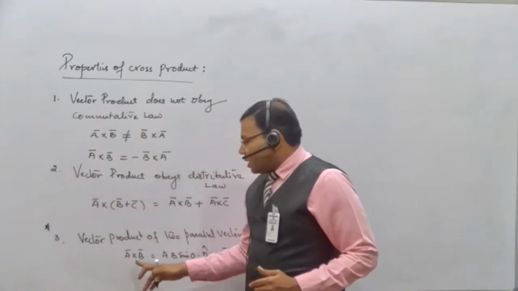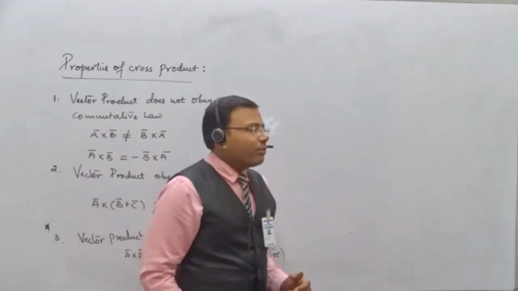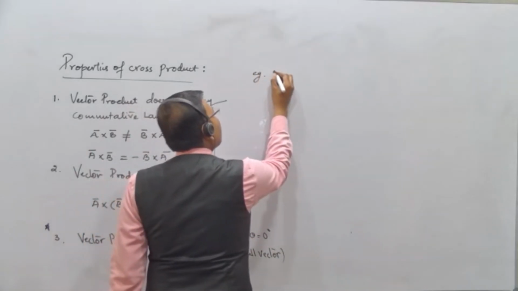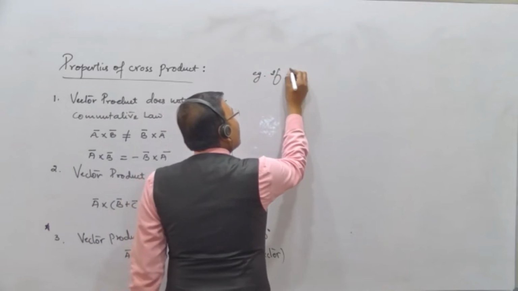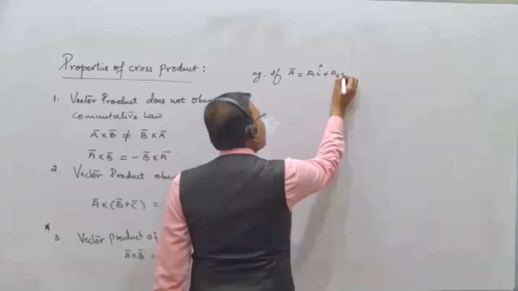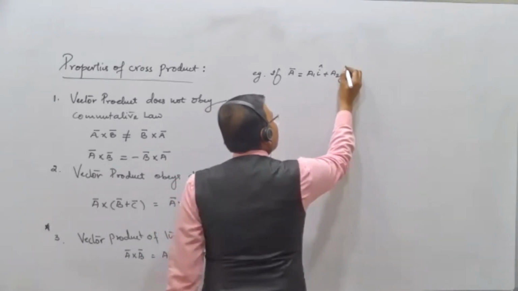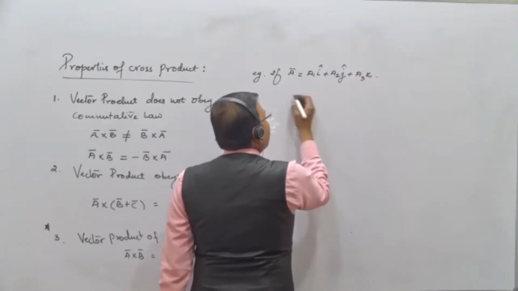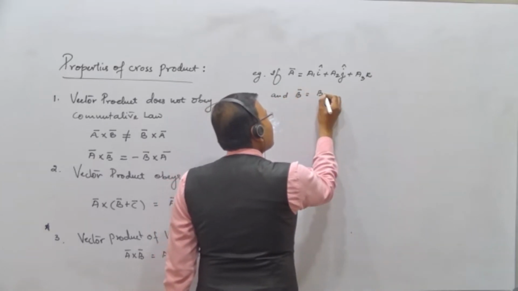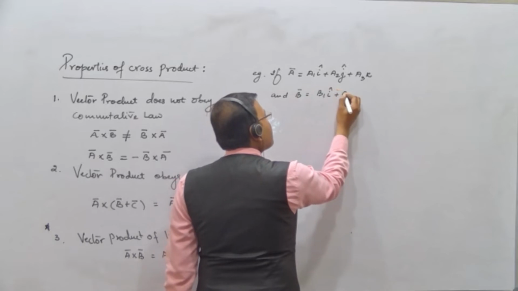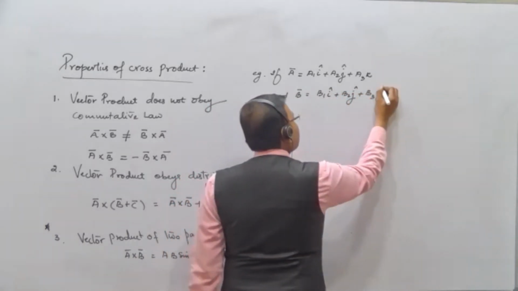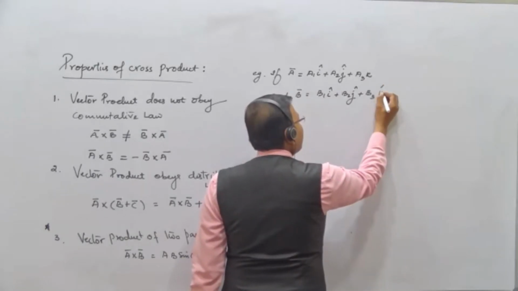Either you can calculate A cross B, or you can use a short trick like this. Suppose, for example, A bar is equal to A1 i plus A2 j plus A3 k and B bar is equal to B1 i plus B2 j plus B3 k.